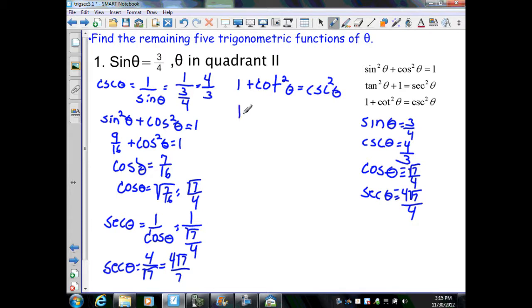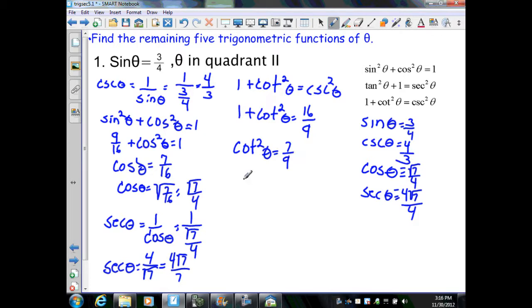Now I can substitute: cosecant is 4/3, so cosecant squared is 16/9. Solve. I subtract 1 on both sides. Cotangent squared theta equals 16/9 minus 1, or 16/9 minus 9/9, which is going to give me 7/9.